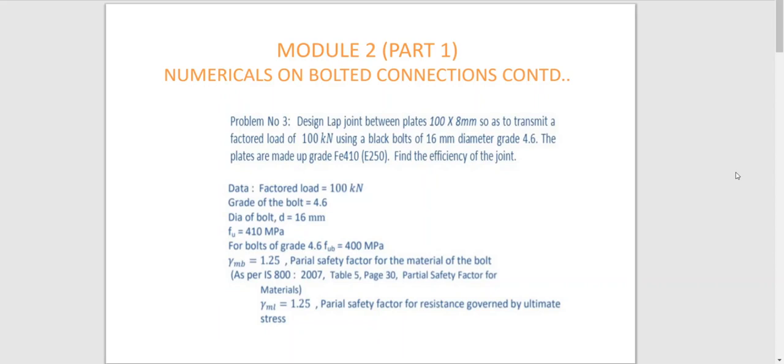As the grade of the bolt is 4.6, we can calculate the ultimate tensile stress of the bolt as 400 MPa. The partial safety factors gamma MB and gamma ML have to be taken from Table 5 of page number 30 of IS 800 2007.